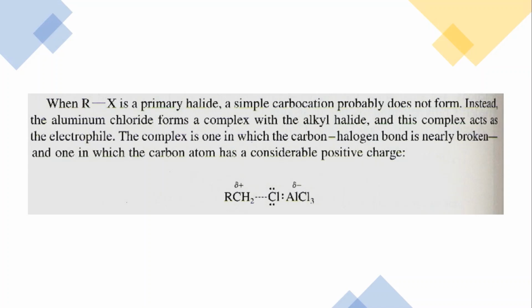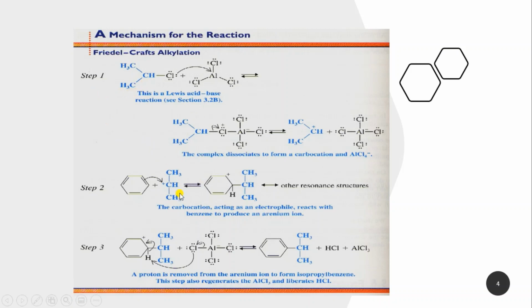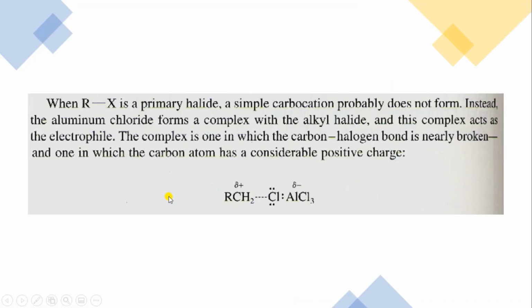One thing that will be new for you at this stage is that whenever you are treating the kind of alkyl halide that is secondary or tertiary, where the carbocation can exist independently for a little while, then there will be a carbocation formation, and then benzene has to come and attack the carbocation. But in case of the primary alkyl halide, there is no formation of the carbocation.